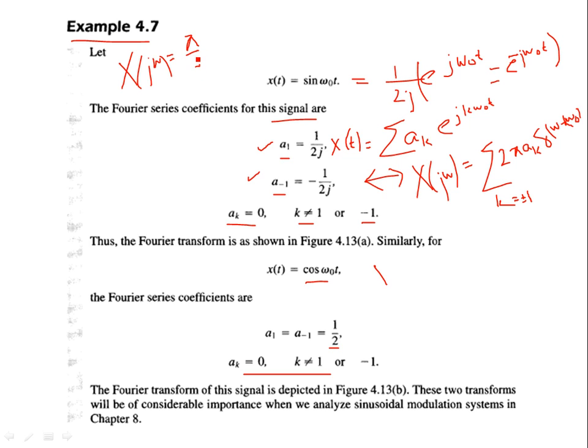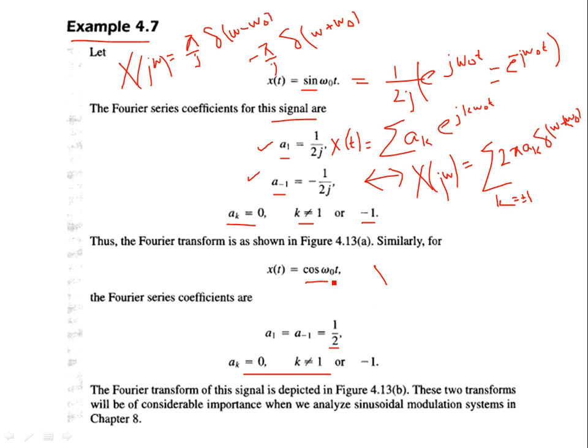The first impulse occurs for k equal to 1 at omega minus omega naught, and then I have the second Fourier coefficient for k equal to minus 1. For that it is minus pi over j, delta of omega plus omega naught. That's it. This is the Fourier transform of a sine function.